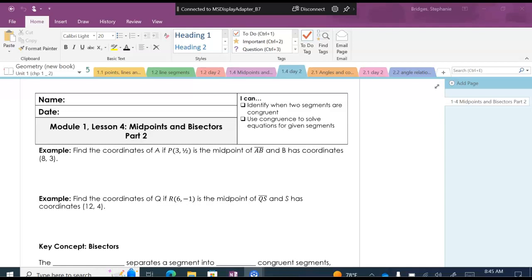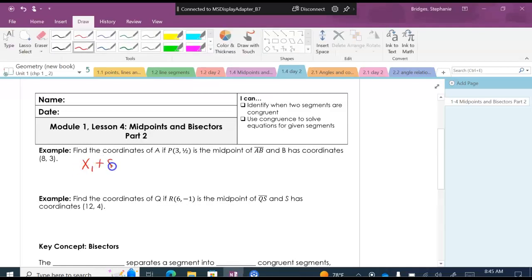So our formula says we take x1 plus x2 and we divide it by 2. Except I just don't know what that first term is. Is everybody following me so far? Okay. I'm going to write it on here so it'll be in the video as well. So we're doing x1 plus our x2, and we're dividing that by 2.